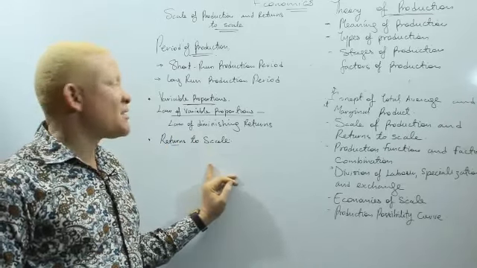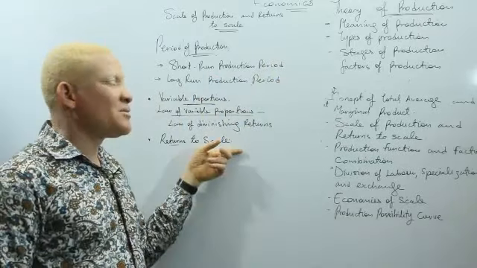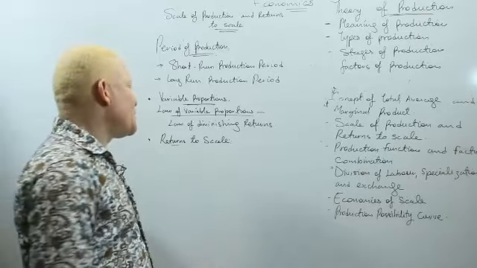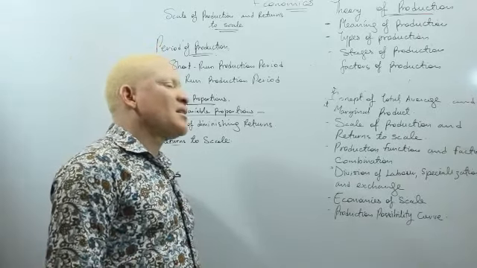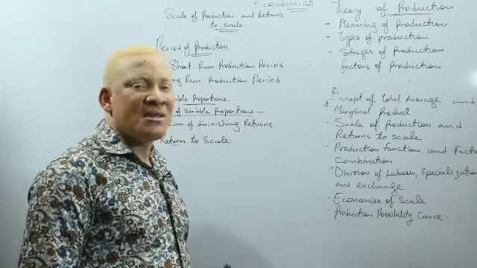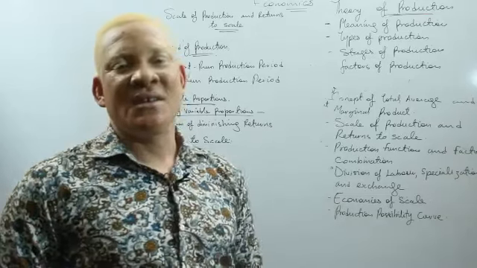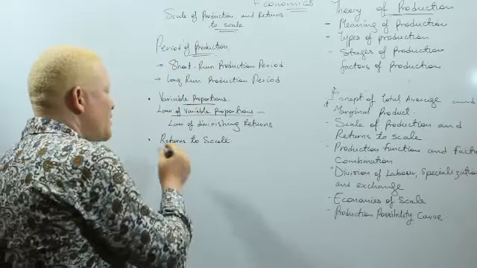We can see the difference now, that variable proportion relates to the short run period while returns to scale relates to the long run period of production. Now, returns to scale is looking at how output increases, or the percentage increase in output given a percentage increase in input. And we have three of them.